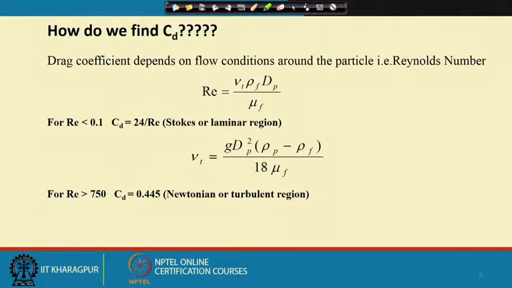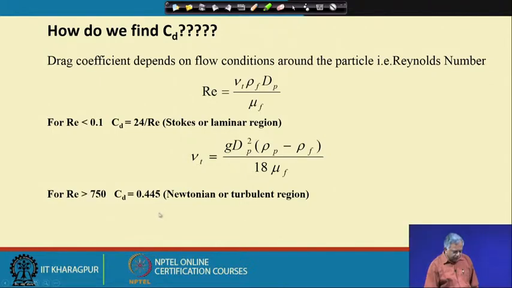So, Newton has proposed that when the Re is greater than 750, look at the Stokesian region less than 0.1, and this is Re greater than 750, the CD is no longer dependent on Reynolds number, it has got a constant value.